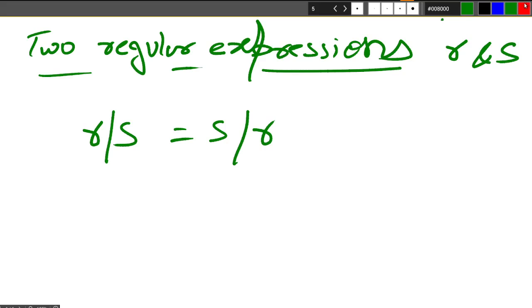So in a way you can say that this operation, OR, is commutative.